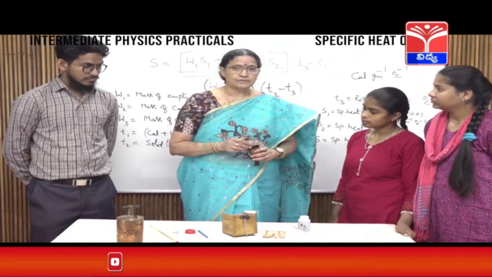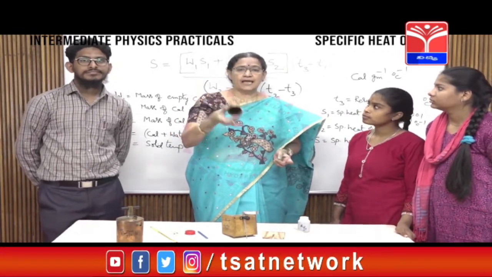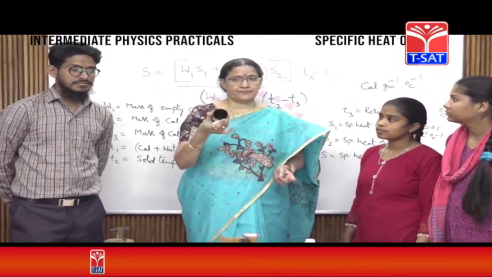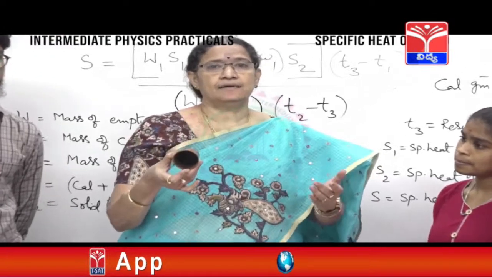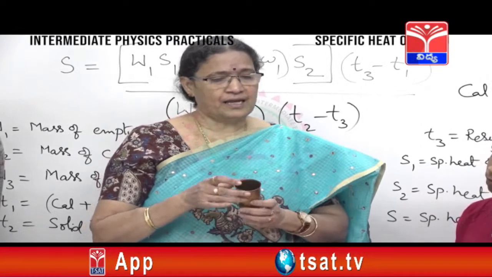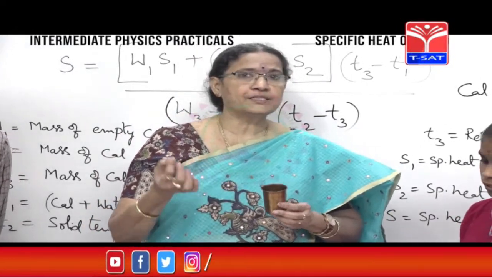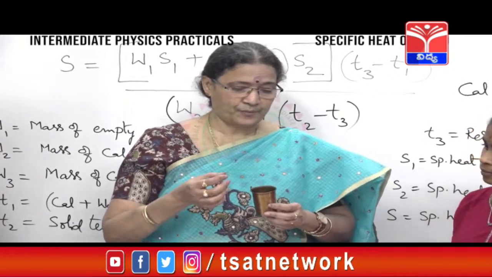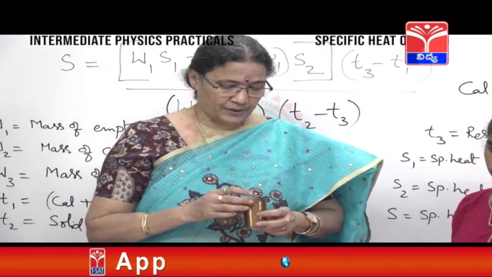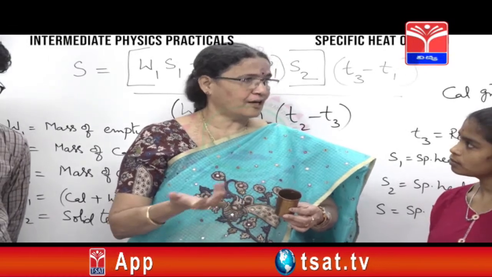Okay. So, first you have to determine the mass of the empty calorimeter with the help of a balance. Now, this year, the physical balance experiment is deleted for you. Using a physical balance, you can find the mass very accurately, to 0.01 accuracy. So here you can just do it with the help of a rough balance.